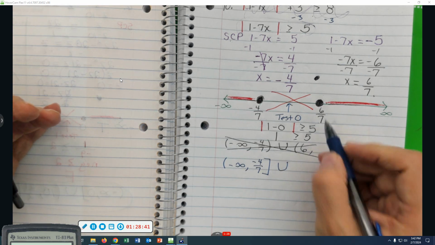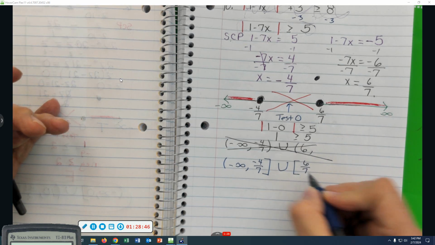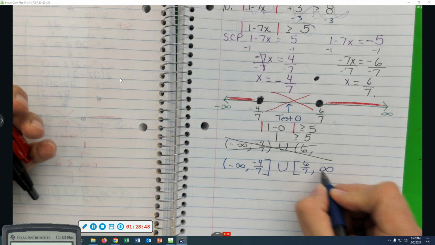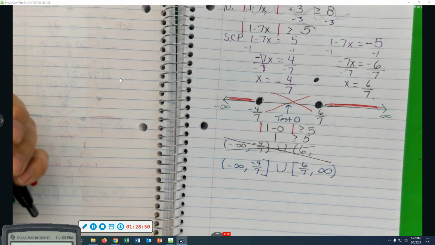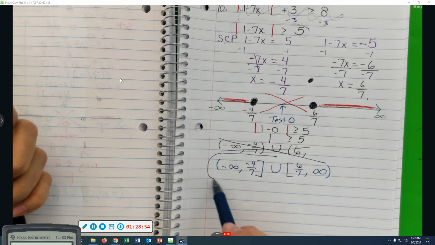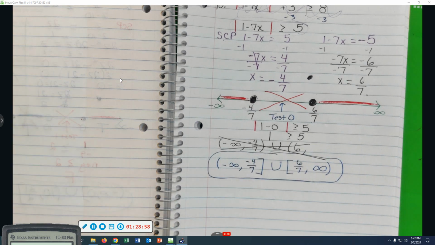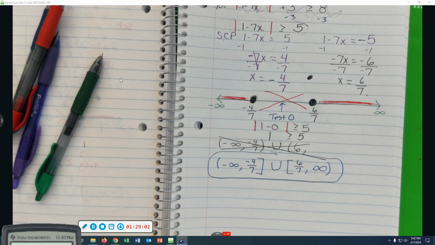Union, bracket, 6 over 7, comma, infinity. There's parentheses. Is that what I was supposed to write as the answer? It looks right to me, but it was looking right to me when I was writing all this crazy stuff.